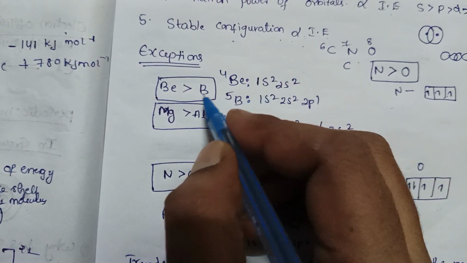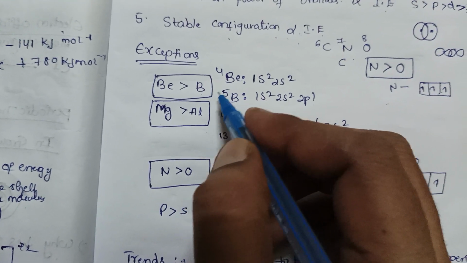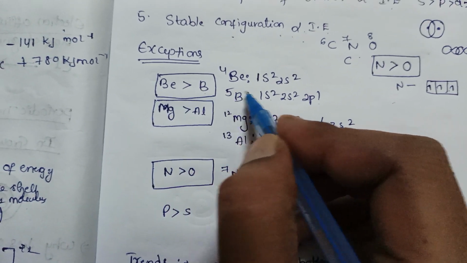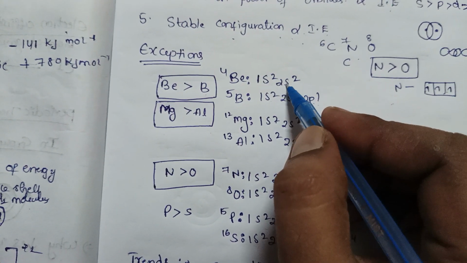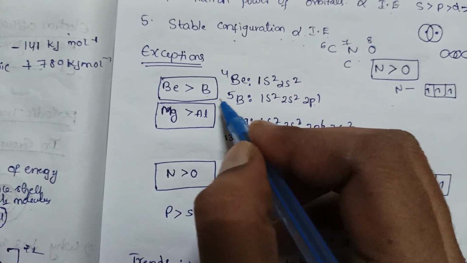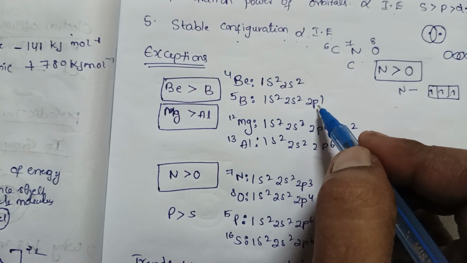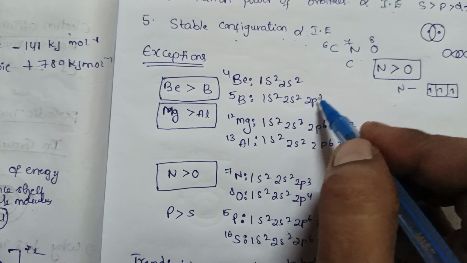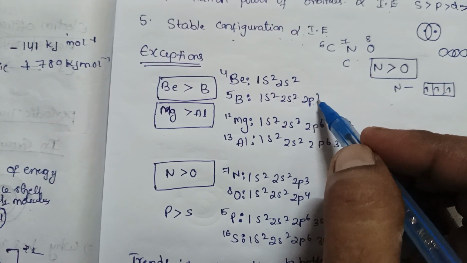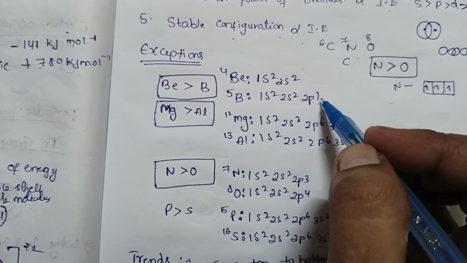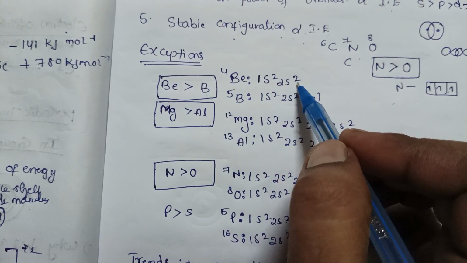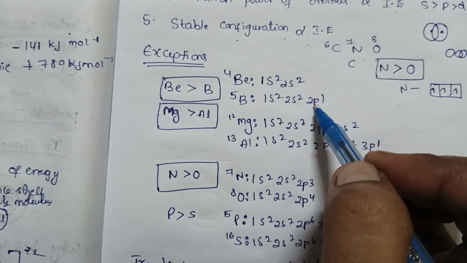Actually boron should have more ionization energy than beryllium, but here we observe beryllium has more, because the electrons in beryllium are in 2s, while boron's outer electron is in a 2p orbital. 2p orbitals have less penetrating power, and p orbitals are a little farther from the nucleus. So beryllium has higher ionization energy than boron.